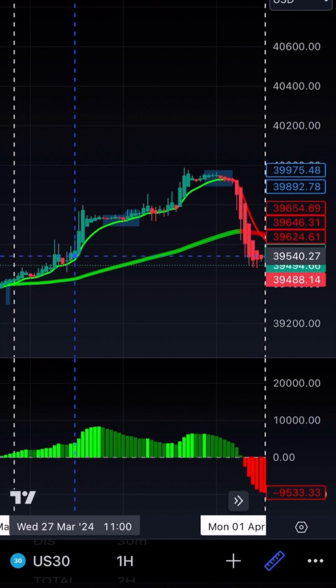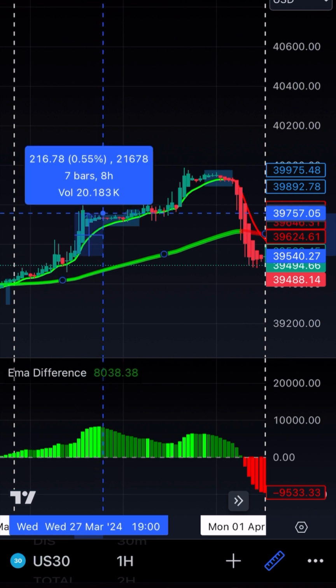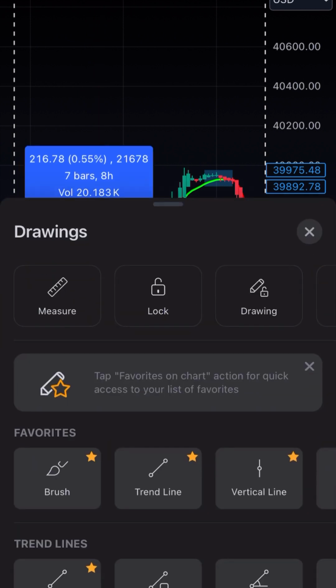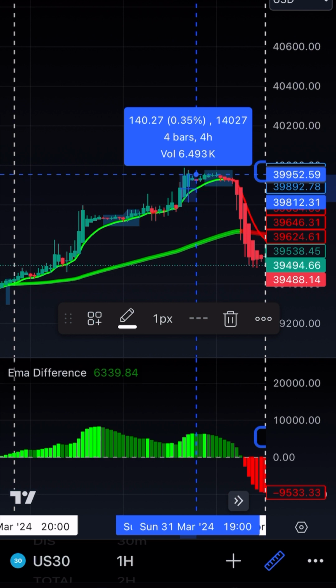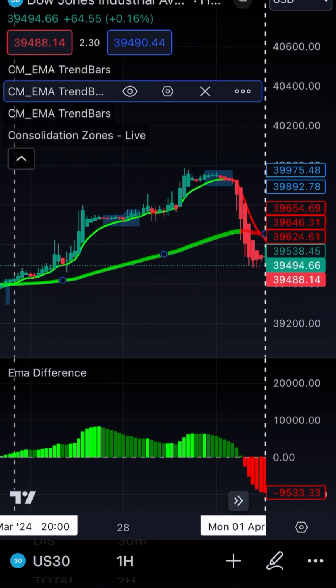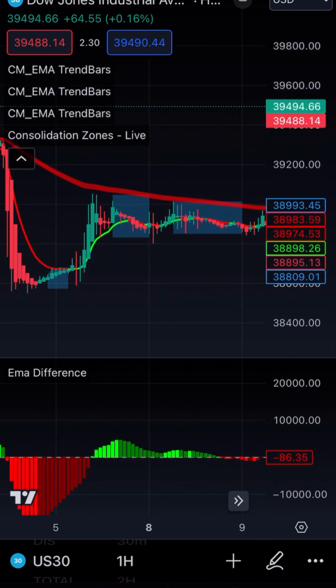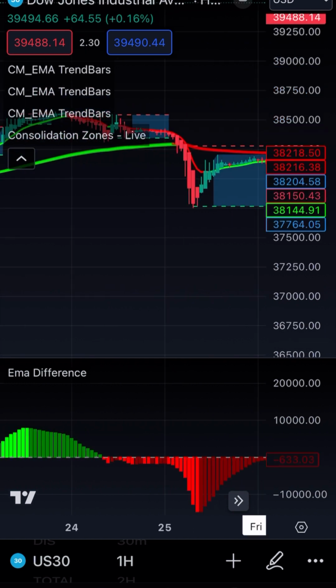From here, that's 216. And then you got one like right here, which is about 144.